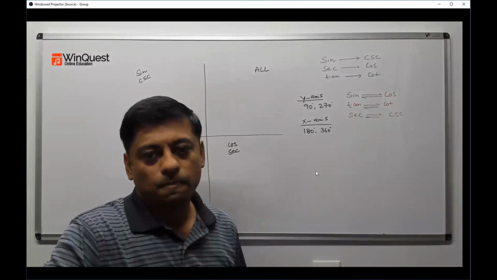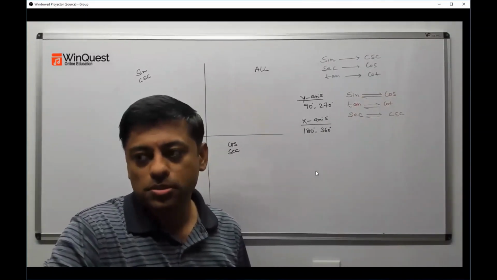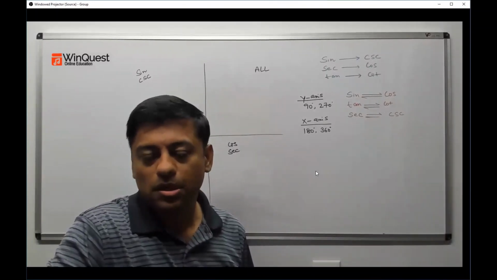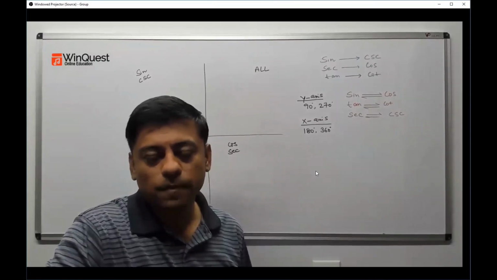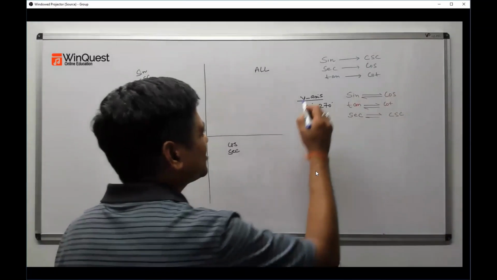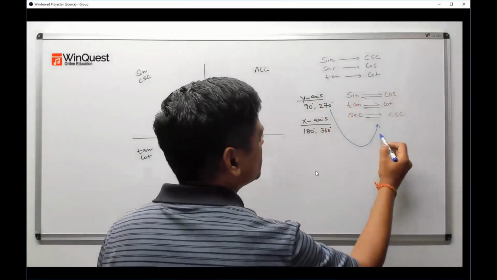But when I talk about quadrant rules and when we talk about traversal, like you are traveling from 90 degree or 270 degree angles, I said there is a trigo function change. So this is a separate trigo function change rule.